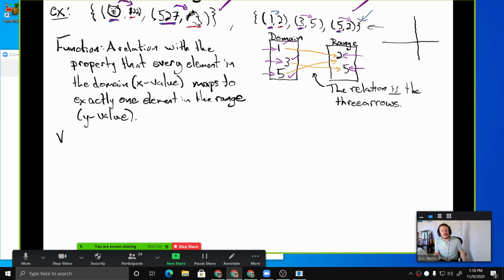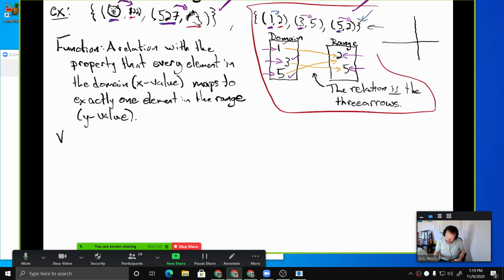The response I had to that, or the question that I asked, is to take this that we just looked at, and based on the definition, we decided this kind of weird red shoe is a function.